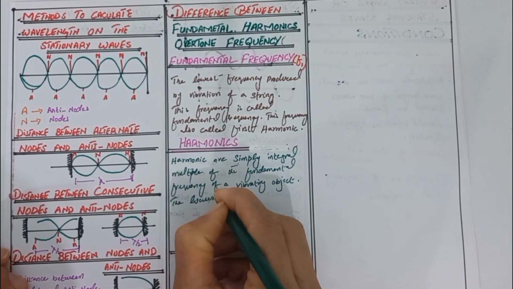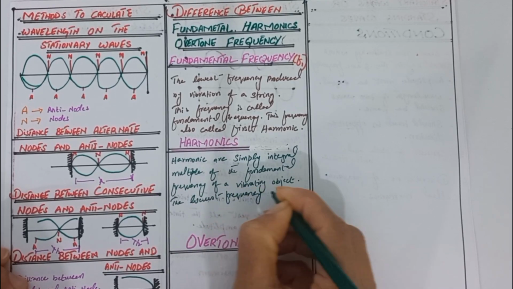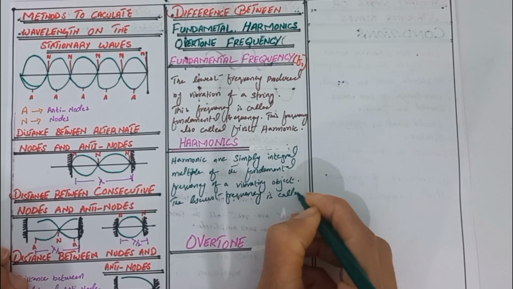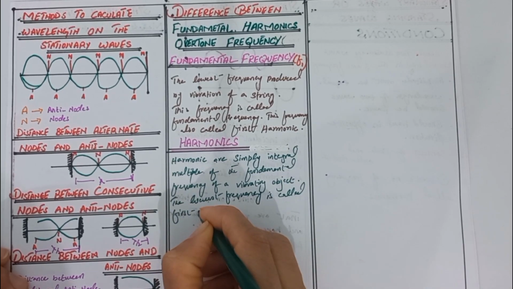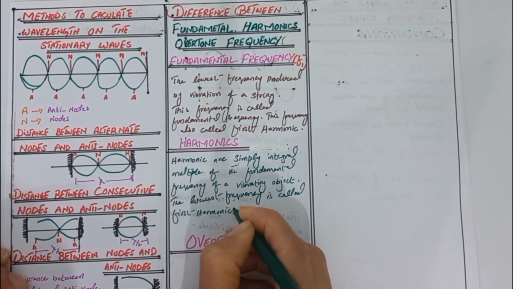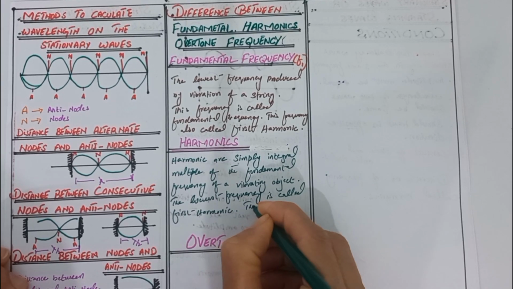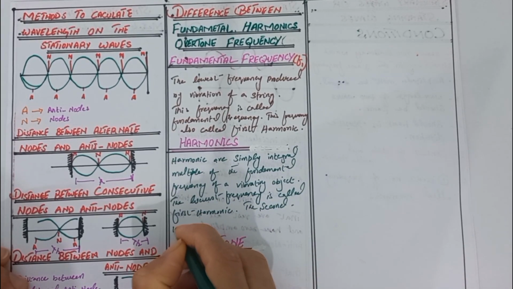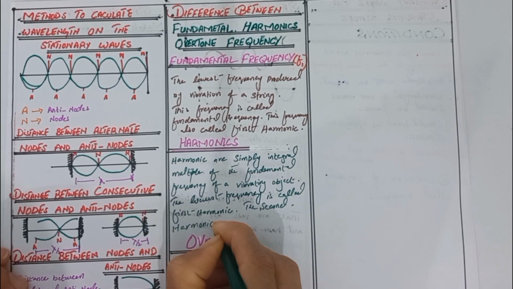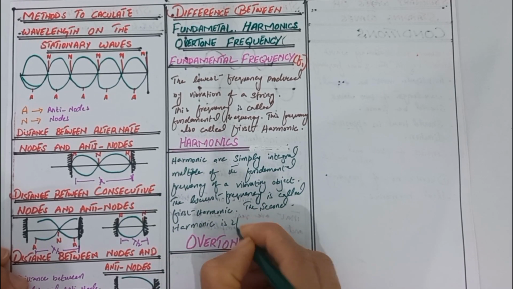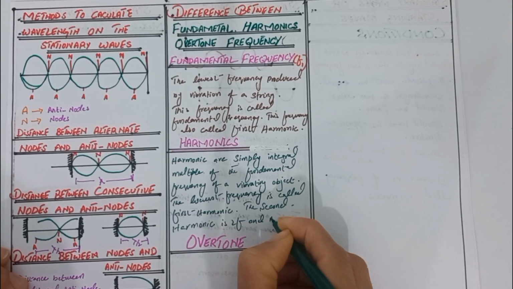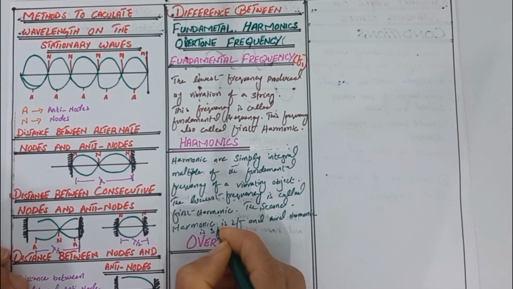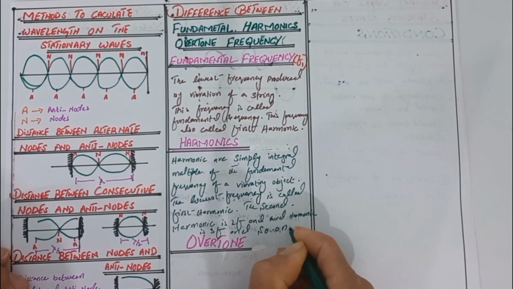The lowest frequency is called the first harmonic. The second harmonic is 2F and the third harmonic is 3F and so on.